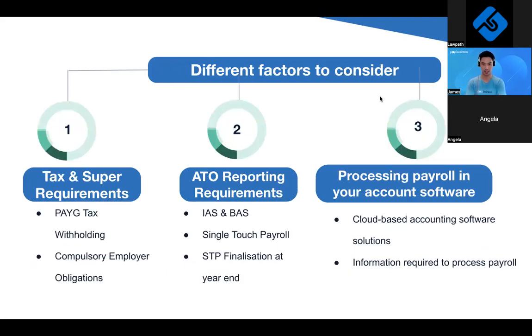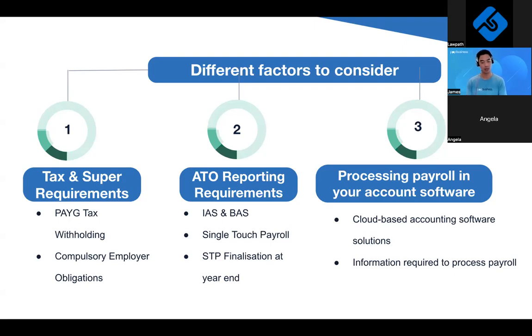Now I'm going to discuss the different factors to consider when bringing on an employee, whether it be full-time, part-time, or casual. The main thing that we're going to talk about first is the tax and super requirements. If you are paying an Australian employee, you must withhold tax on their pay every pay cycle.